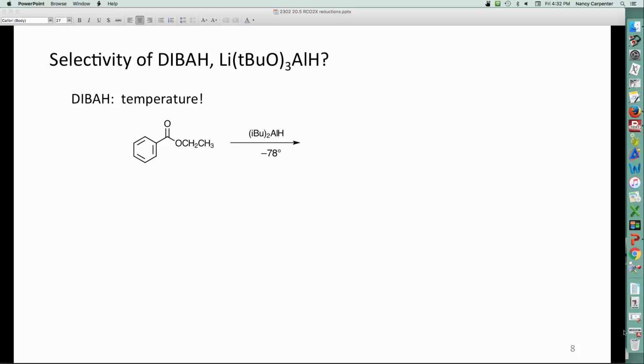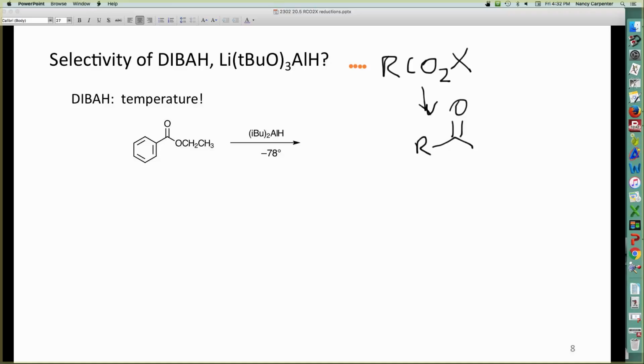So very cool. So these two take us from RCO2X, an ester or acid chloride or whatever, down to the aldehyde, and then we are done.